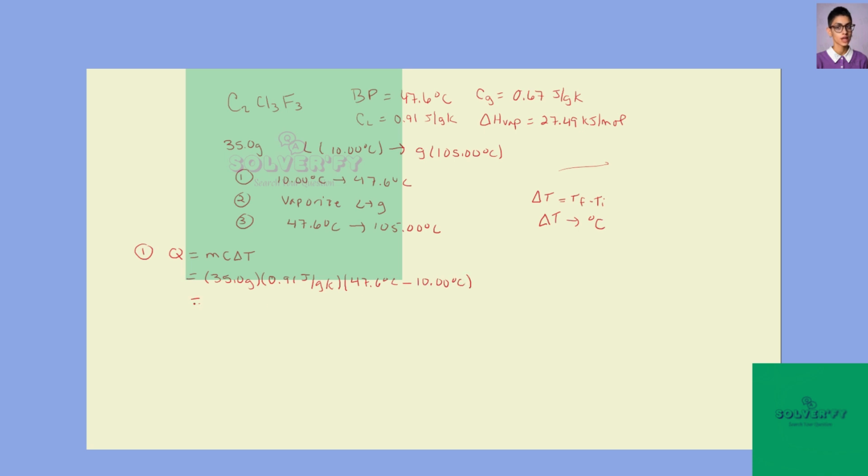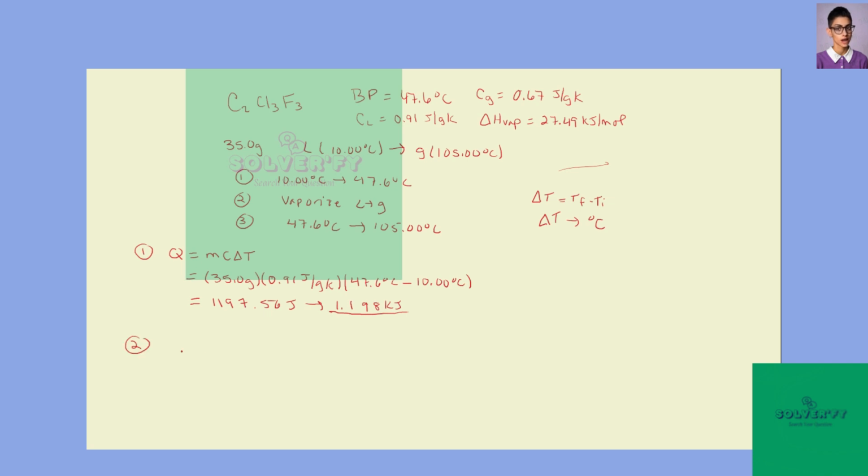And I get 1197.56 joules. I'm going to divide by 1,000 to convert that to kilojoules and take it to 4 sig figs for now, 1.198 kilojoules. So that's the amount of energy for step 1.